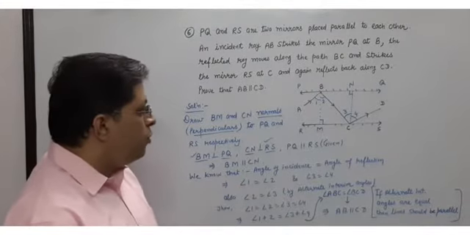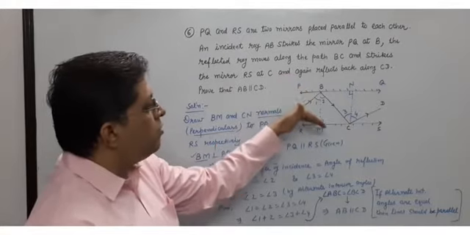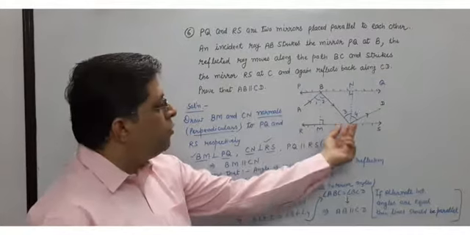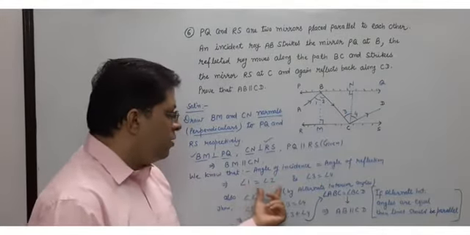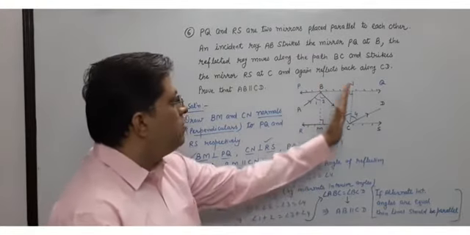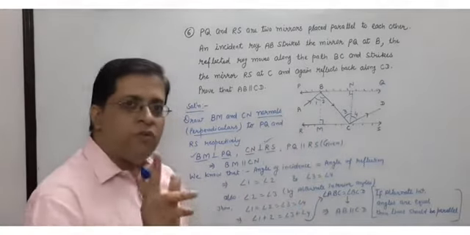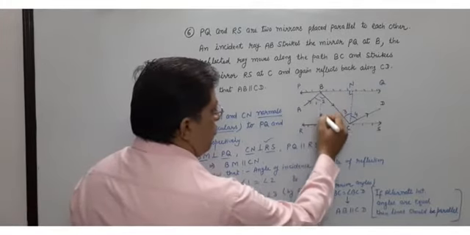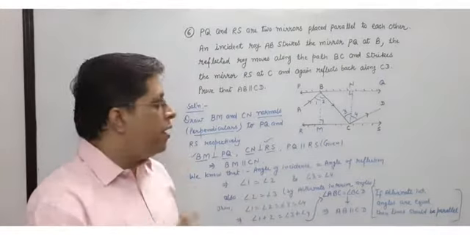Now what we know is that for rays, angle of incidence is always equal to angle of reflection. Angle 1 is always equal to angle 2 and angle 3 is always equal to angle 4. One another thing we have seen, BM and CN both are parallel, and here BC is one transversal line. This is one Z type structure, no? Like this Z. It means alternate interior angle it is.